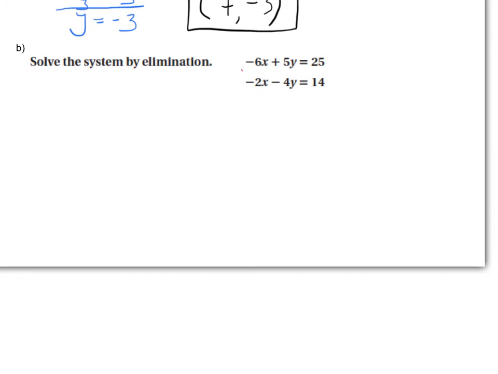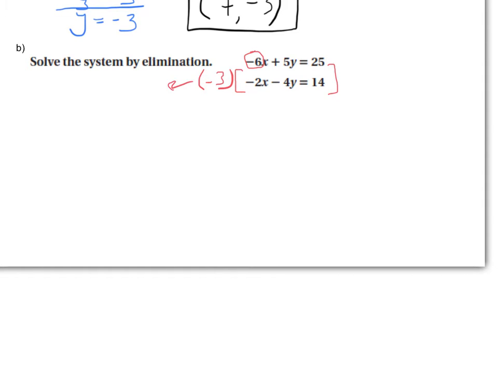Well, the first one that jumps out at me is this negative 2, trying to match the negative 6. So remember, I want opposite coefficients. If the negative 6 is the coefficient in the first term, what I want is a positive 6 in the second term. So I'm going to multiply the entire second equation by negative 3.